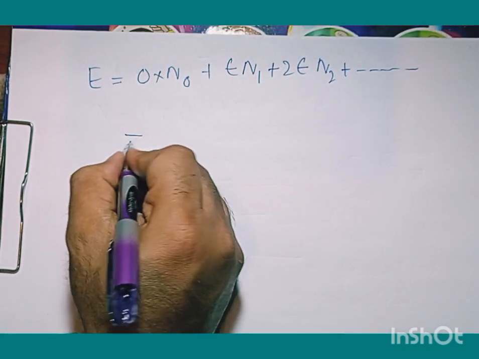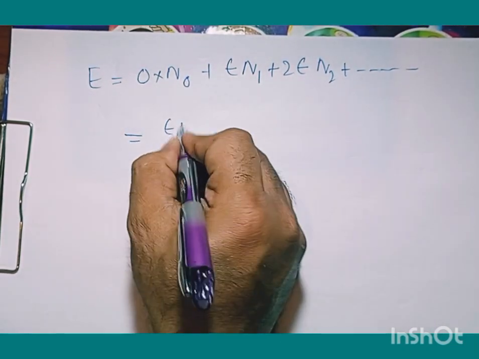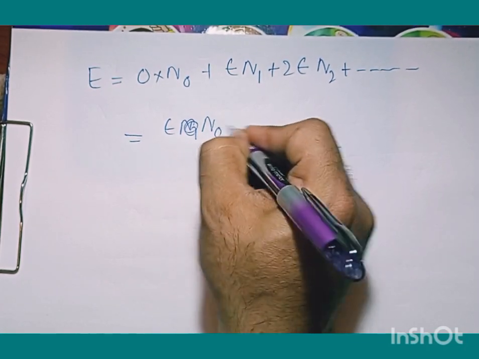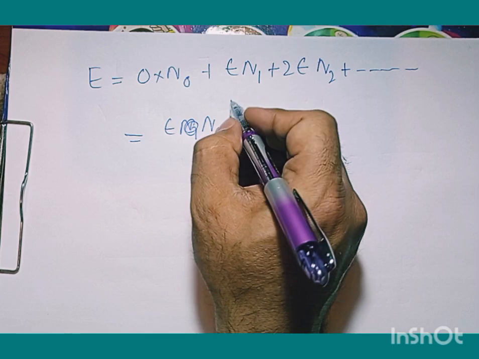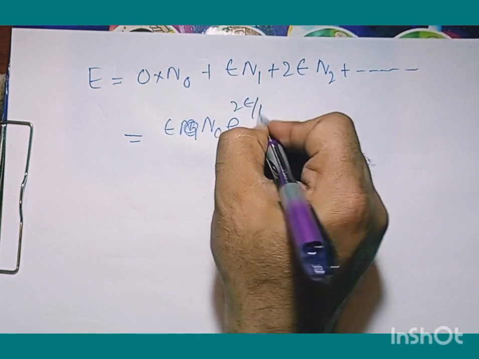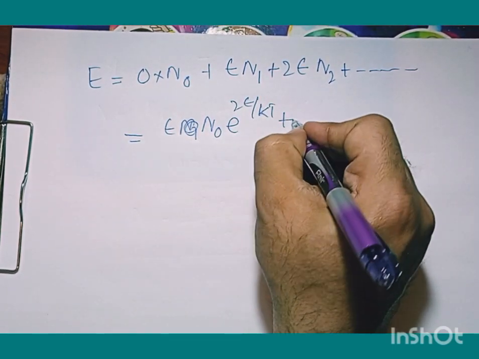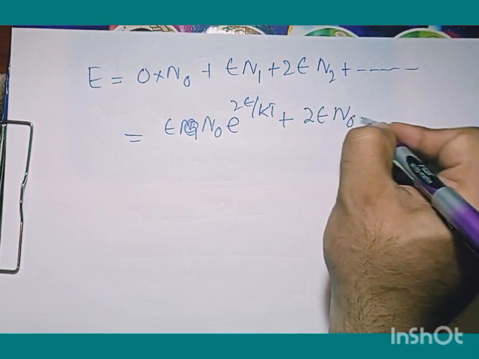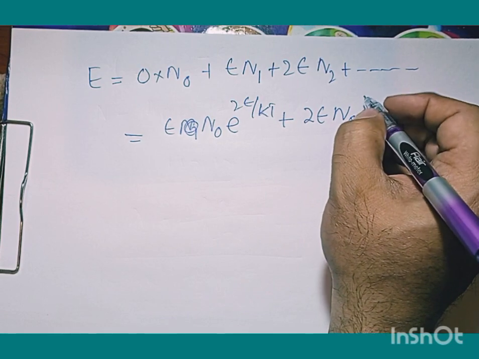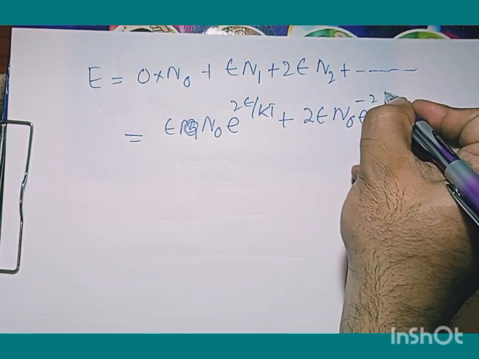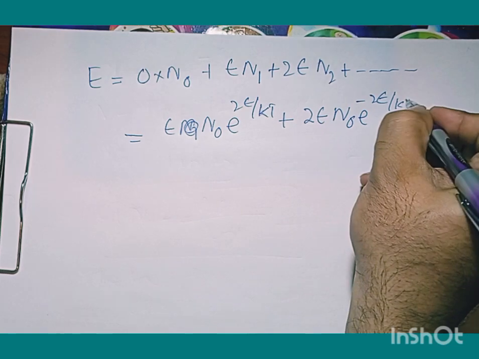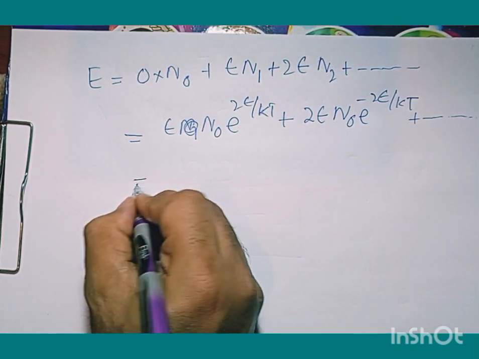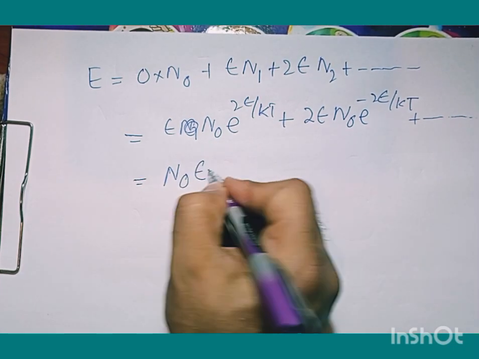So we can look for epsilon N1. Instead of N1, we'll go with N0 e to the power of minus epsilon by kT, plus we will have twice epsilon N0 e to the power of minus twice epsilon by kT, and plus so on and so forth. So we can write down N0 can be out, epsilon can be out.